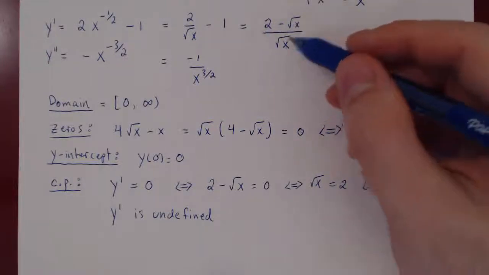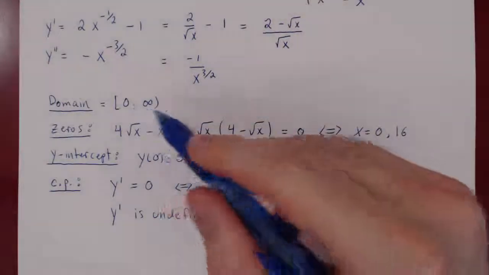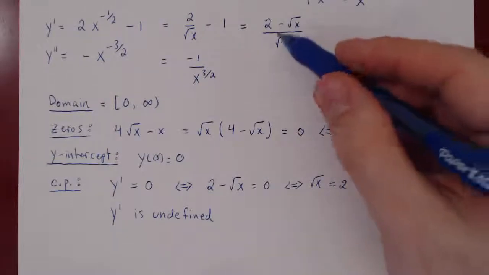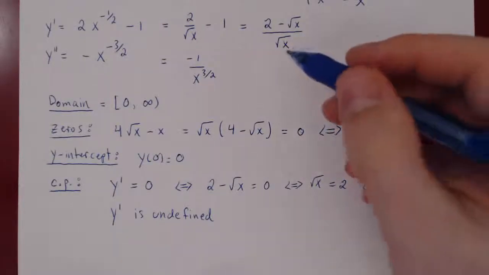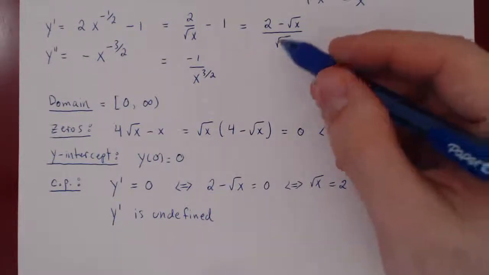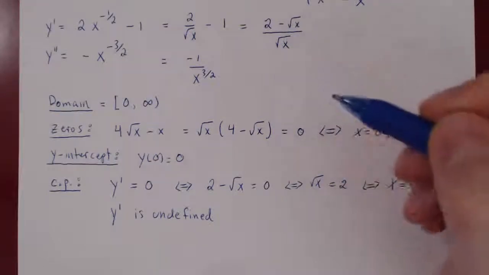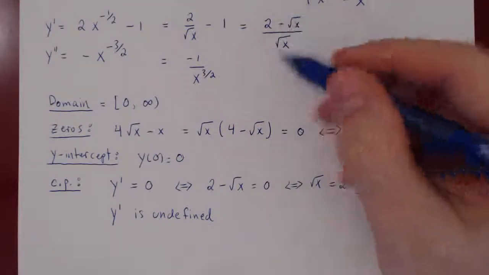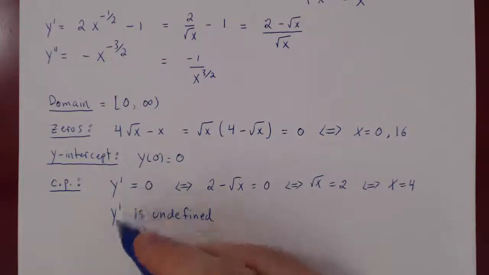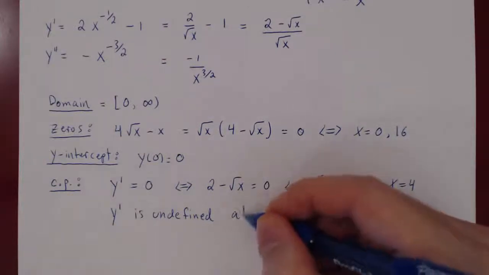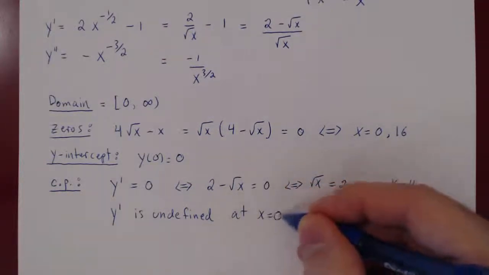Both the numerator and denominator are defined for non-negative values of x, but we cannot afford to have a division by 0. So if x is equal to 0, we have a root of 0 on the bottom, which is 0, and therefore the derivative is not defined. So y prime is undefined at x equals 0.